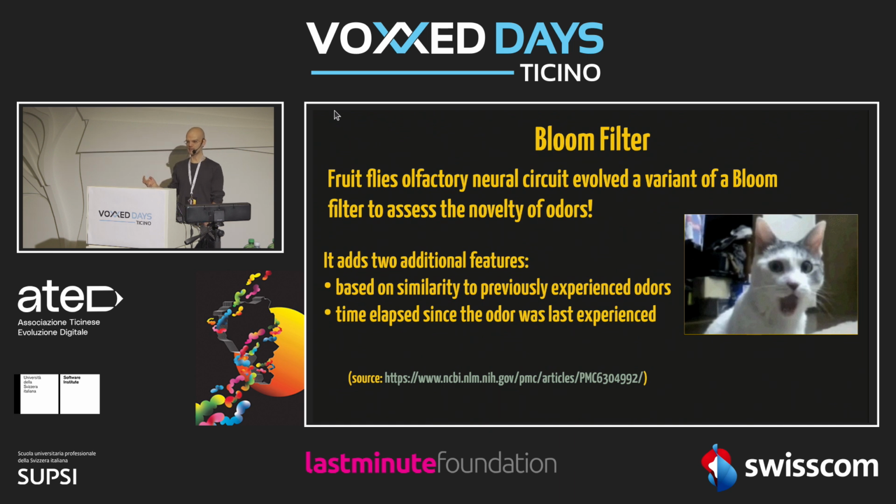So it's not exactly a Bloom filter, because it adds 2 additional features compared to the Bloom filter that we just saw. It's also based on the similarity to previously experienced odors, and then there's also a time dimension to it. But the basic idea is the same: a neural circuit that is doing exactly what the Bloom filter is doing.